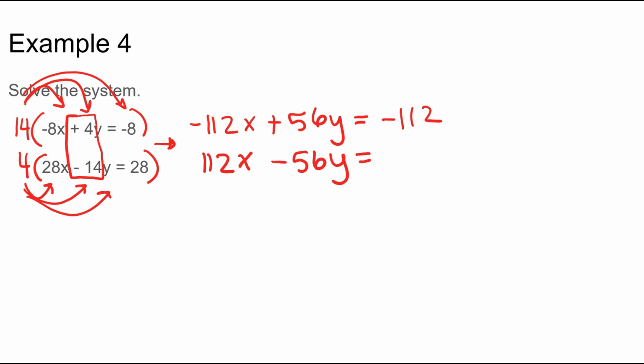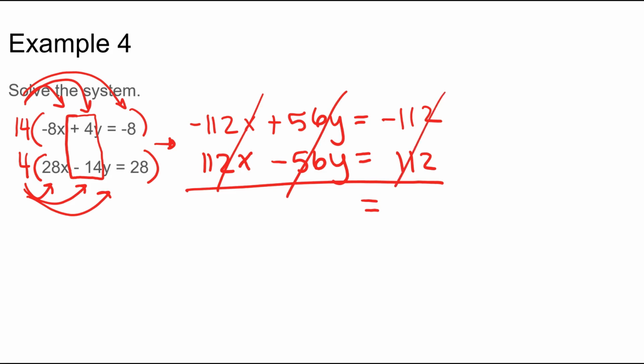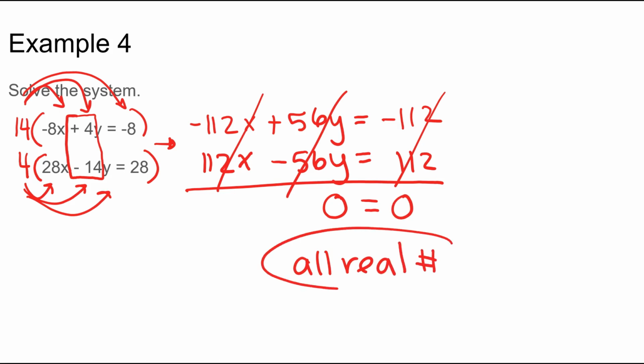And 4 times 28 gives us 112. All right, so these eliminate. Now, just be careful. Don't eliminate everything and say no solution. Yes, everything eliminates, but we need some placeholders here. So we got 0 on this side, 0 on this side. This is actually true. We're going to end up with all real numbers.